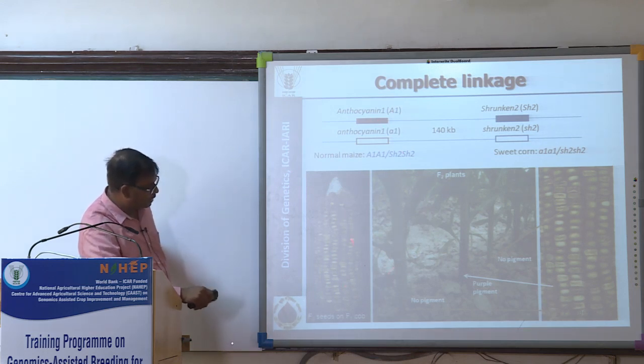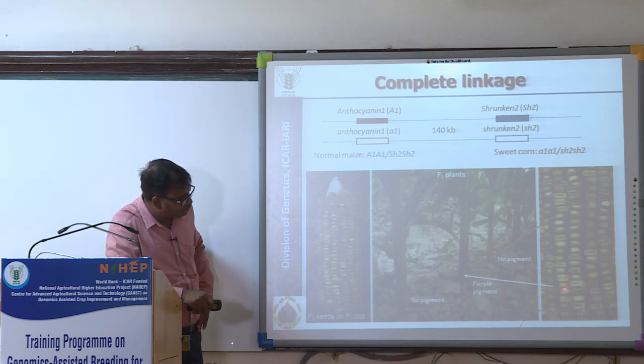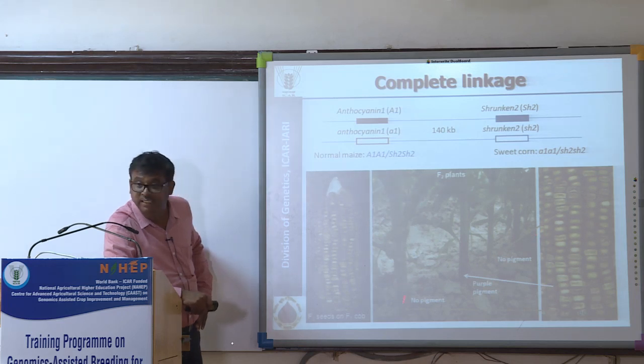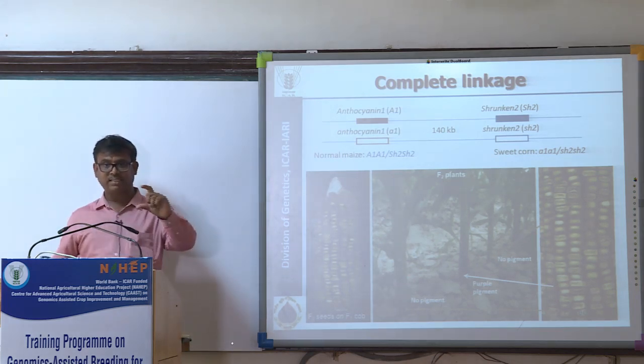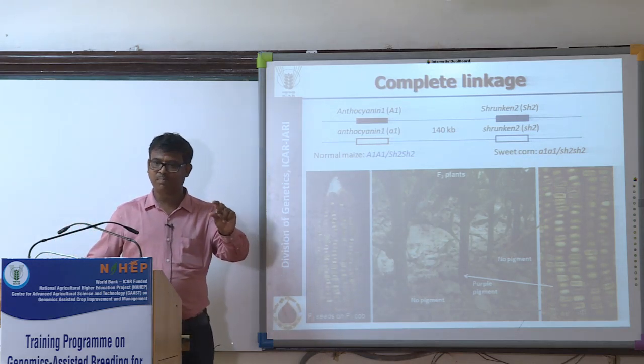Now, these are F2 seeds. We have taken these F2 seeds, grown some round seeds, grown some shrunken seeds. Here is the purple pigmentation from the round, and these ones are from the shrunken seeds where there is no pigmentation. So, if you germinate the seed, by 10 days time, you will be able to see whether pigment is there at the base of the seedlings or not.